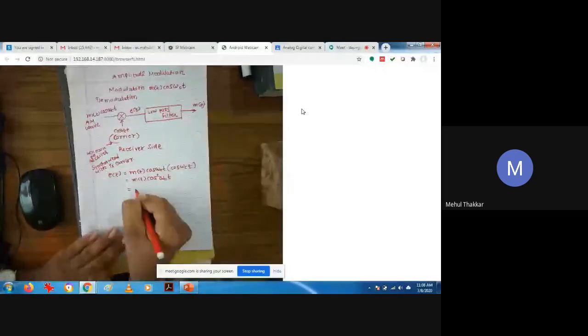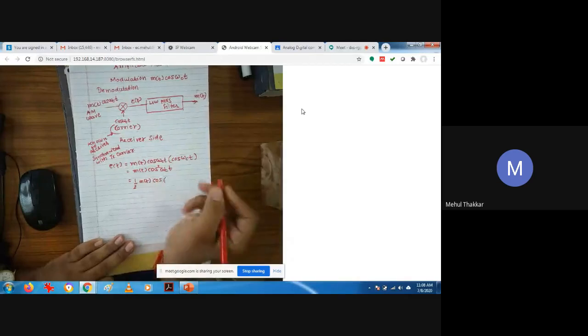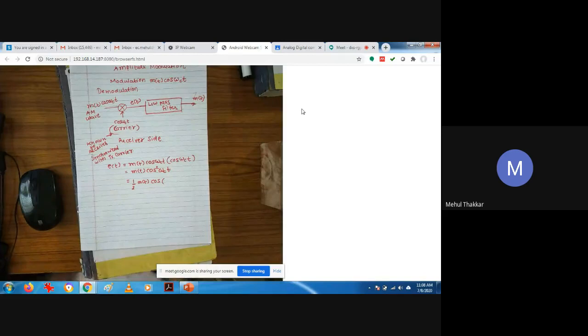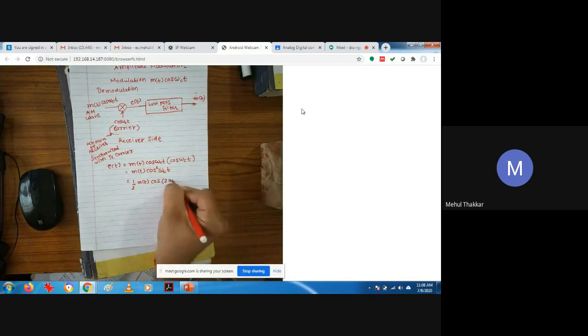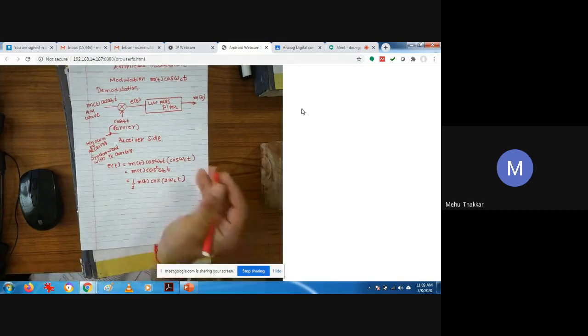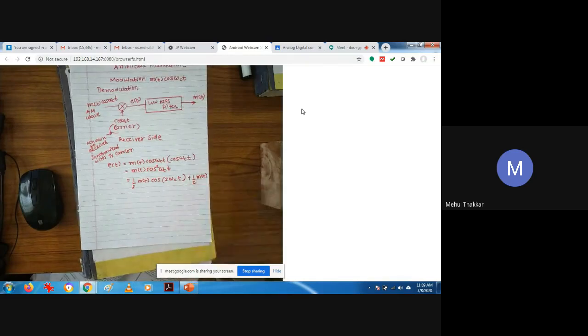So for cos square, what can I write as its expansion? Sorry. cos square is equal to what I can write: cos square theta is equal to 1 plus cos 2 theta, divided by 2.